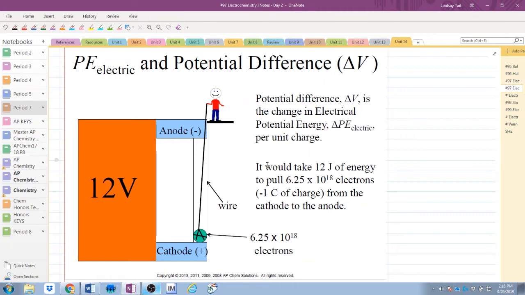Now we're thinking of the galvanic cell as a cliff, where the anode is the top of the cliff and the cathode is the bottom of the cliff, right? So let's switch this around. Here is 1 coulomb's worth of electrons, 6.25 times 10 to the 18th.